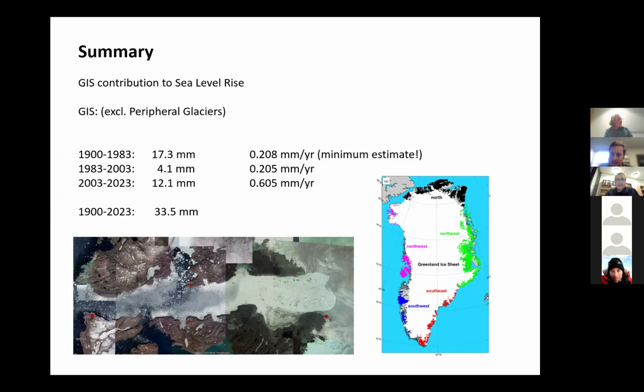Thanks for the talk. Is there any evidence from the photographic surveys of the large-scale melt of the Greenland Ice Sheet during the abnormal warming in the 1930s to 50s? Yeah, there have been some publications from Anders Björk, which suggest retreat of glaciers both in southeast Greenland and northwest Greenland in the 30s and 40s.